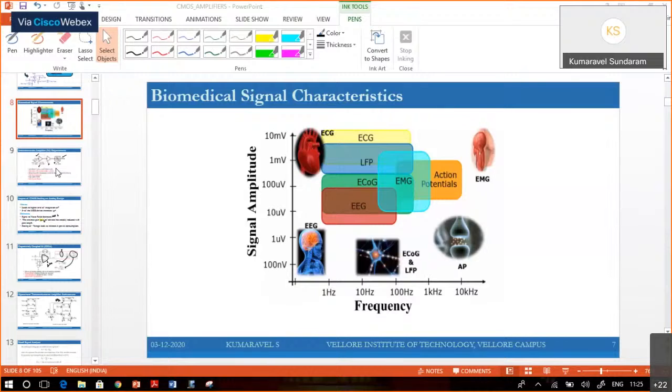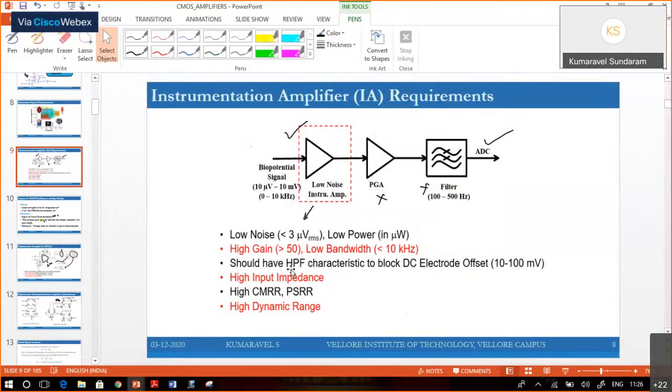That's why we should design an amplifier in such a manner that it avoids the effect of that electrode skin interface. Some offset voltage will be generated. We should design a circuit that has a high pass filter characteristic to remove that offset voltage.